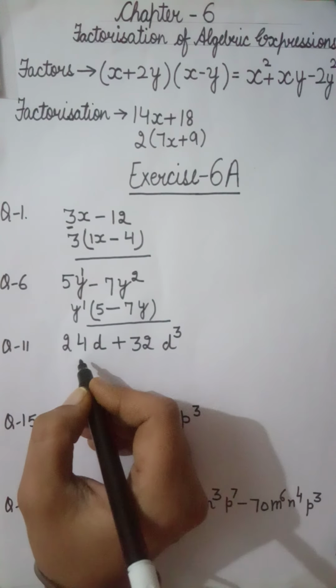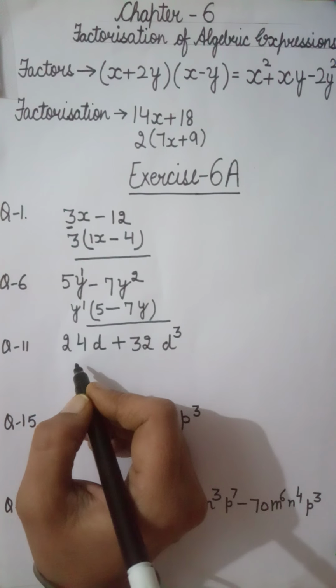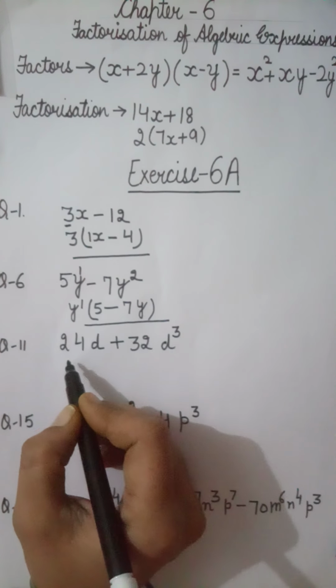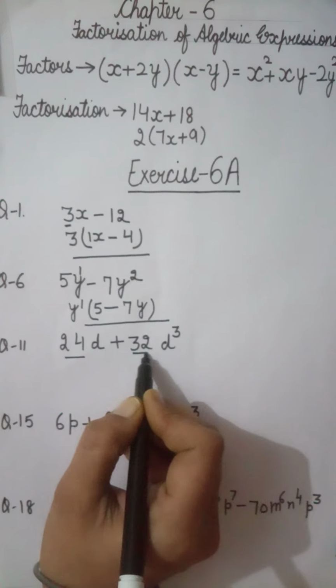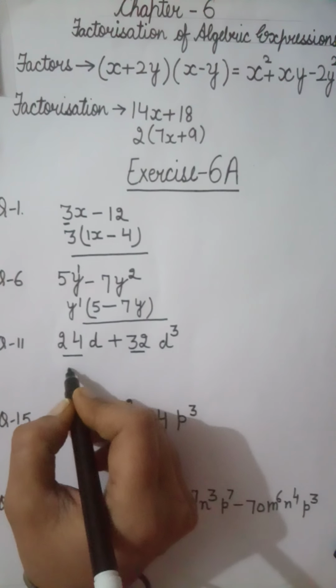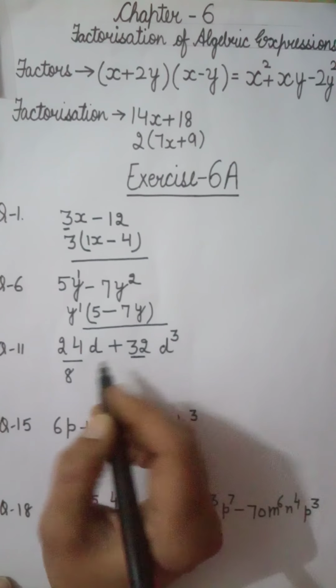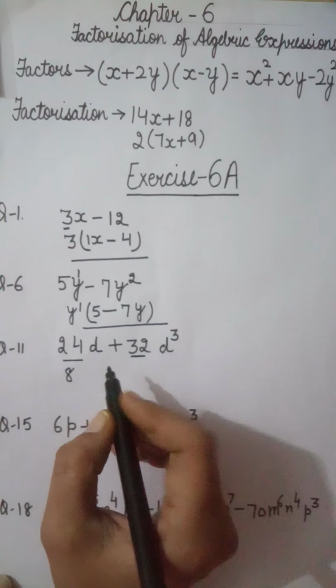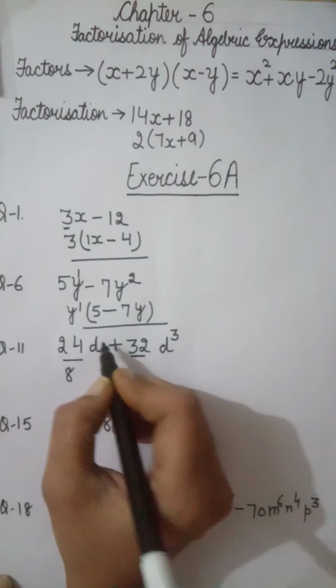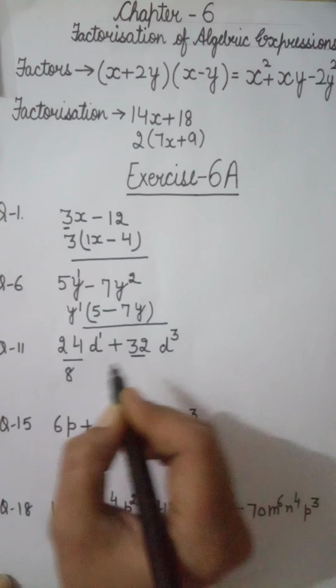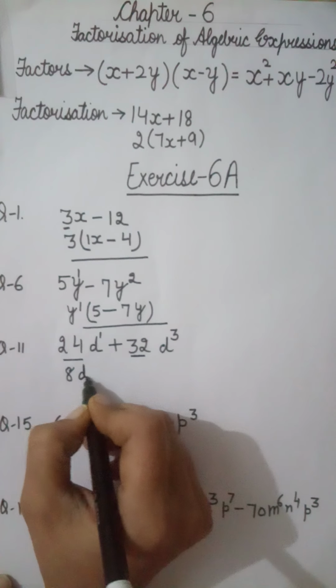Now question number 11, 24. Now here 24 and 32, both of these two are divisible by 8. So 8 is common. Now here is d1 and d3. Small power is d1. So d1 is common.